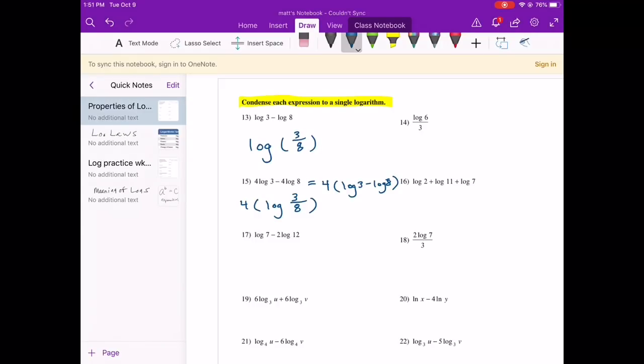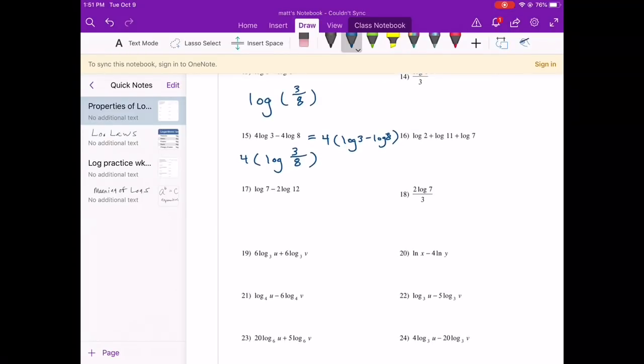Okay. Now just working through a couple more things here to make sure that I'm picking up the clues they're giving me. Like something in number 18, 2 times the log of 7 over 3. Well, I almost need you to see this as 2/3 times log of 7.